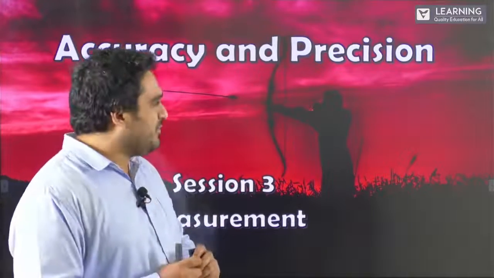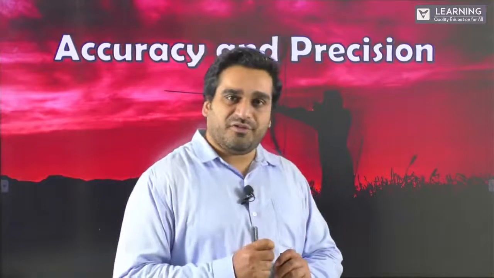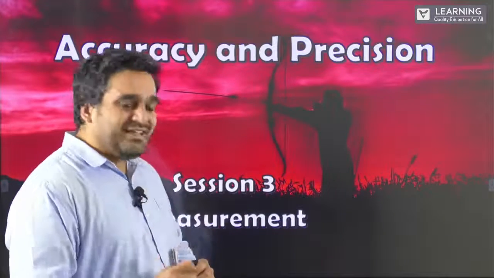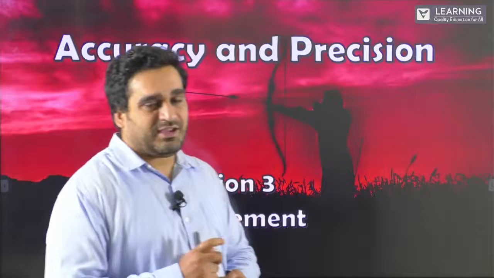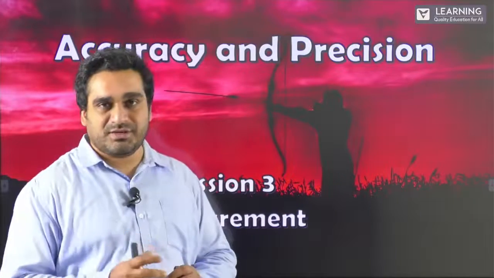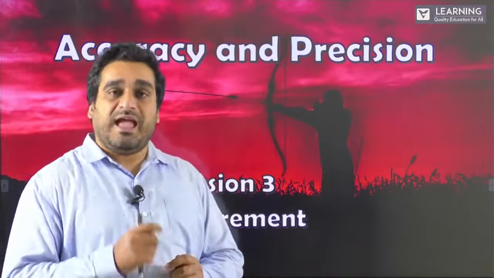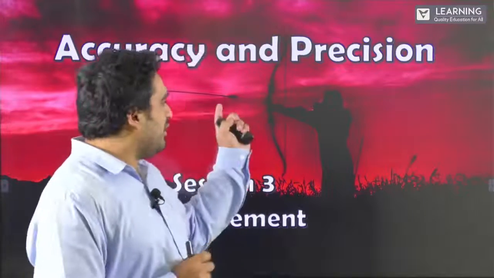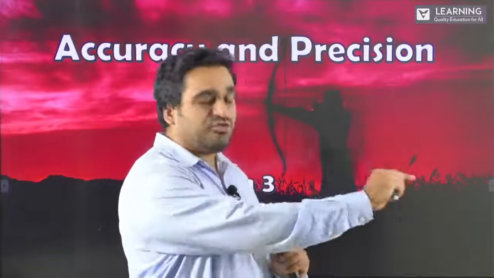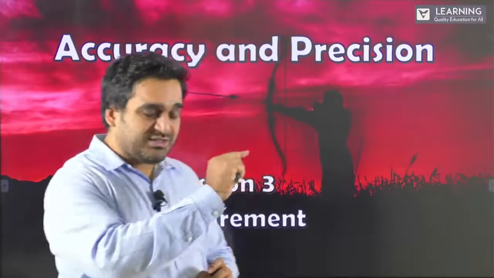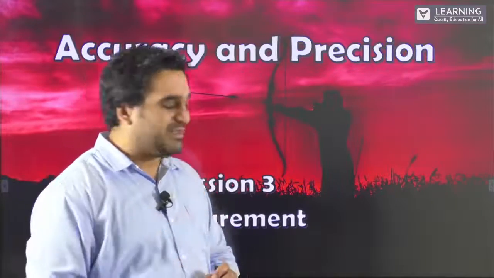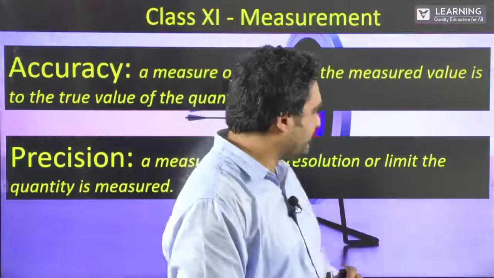This is to show you that even in shooting an arrow, certain precision and accuracy are needed. Precision depends upon the instrument which the marksman is using. Accuracy shows how close he shoots to the true value, which means the bullseye. How consistently he shoots is what is called precision.